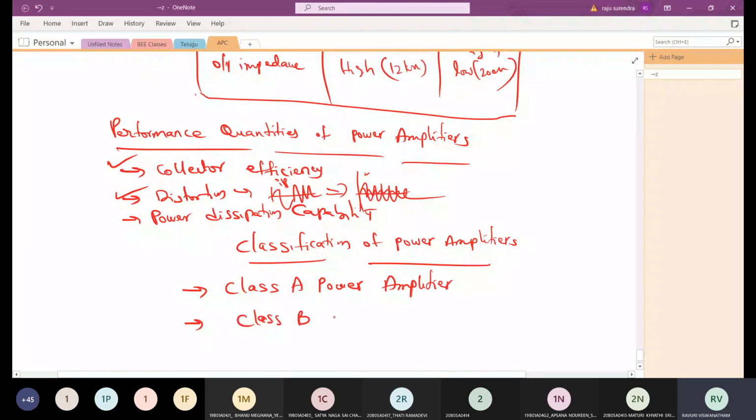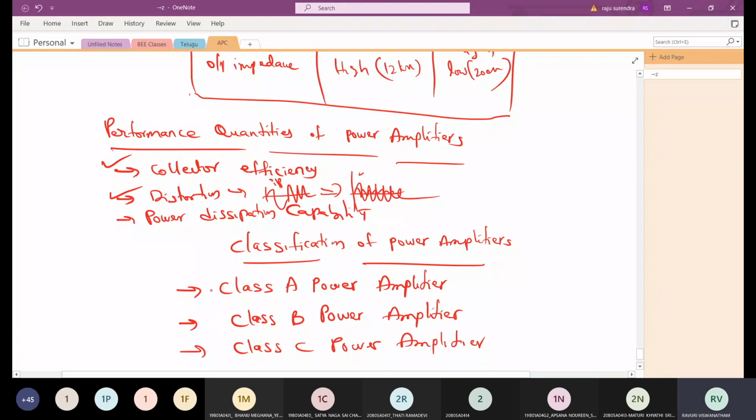Second one is class B power amplifier. The third one is class C power amplifier. So what is class A power amplifier? Do you have any idea? No, sir.